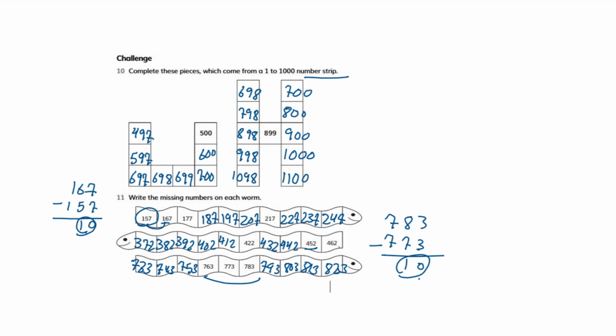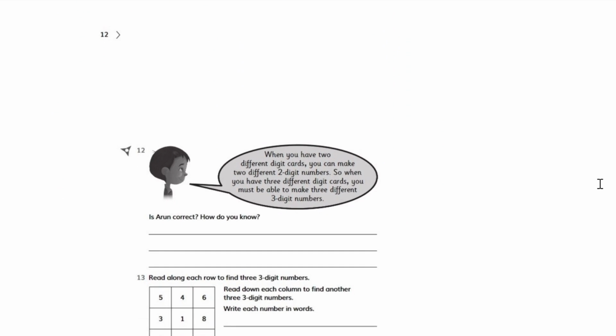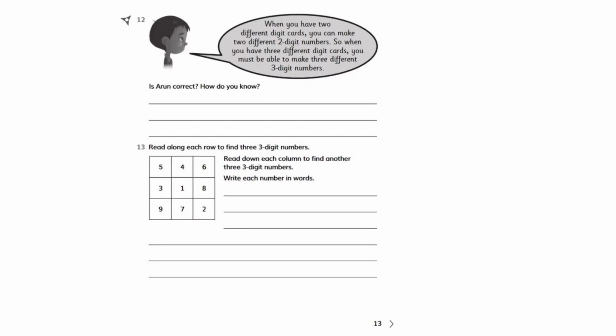We now move to page 13. In page 13 also, we have two questions. In question number 12, the boy says, when you have two different digit cards, you can make two different two-digit numbers. For example, if you have a 3 and a 4, we can make two digits.